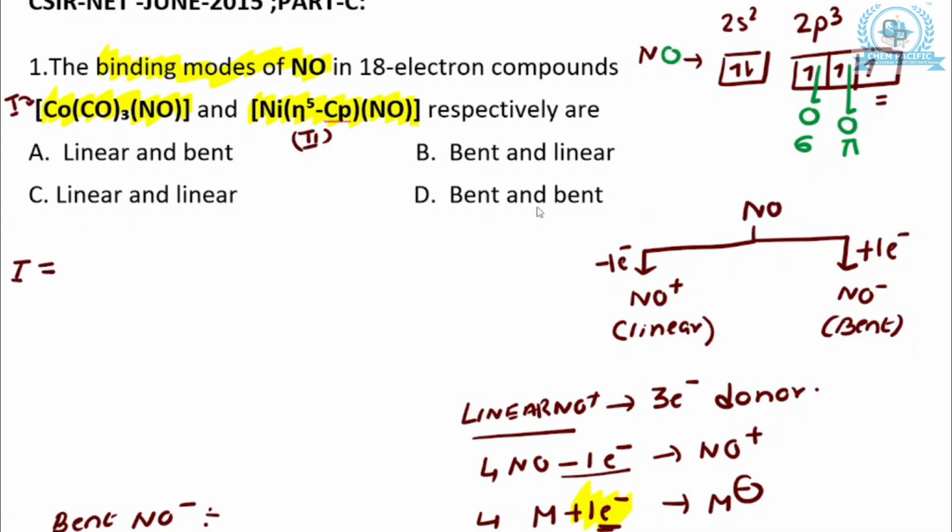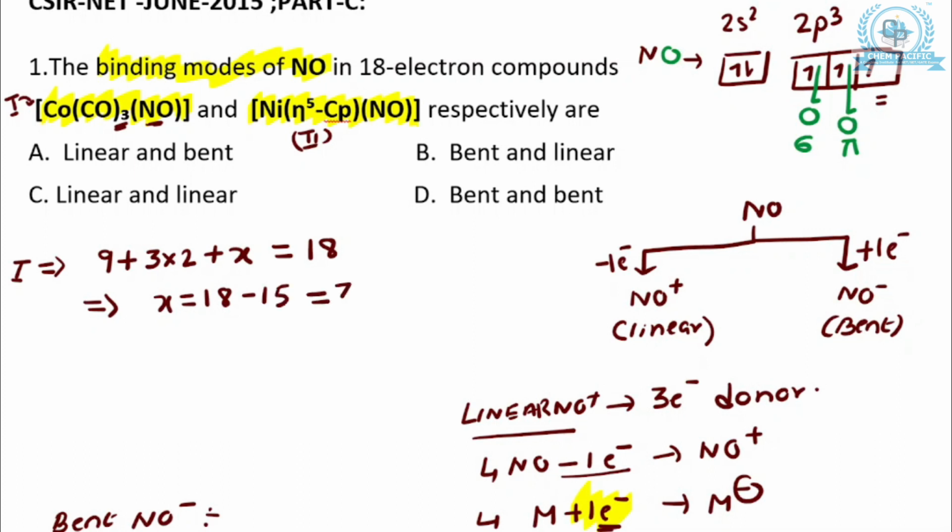This cobalt has 9 valence electrons. They said both the complexes are 18 electron. We actually have to find out the nature of the nitrosyl, whether it is linear or bent. So cobalt in complex 1 has 9 valence electrons and you have 3 CO. So 9 plus 3 into 2 plus x, we don't know how many electrons the NO is donating, we have to find it out. This is equal to 18. Therefore x is equal to 18 minus 15. So in this case, x is equal to 3 electron donor.